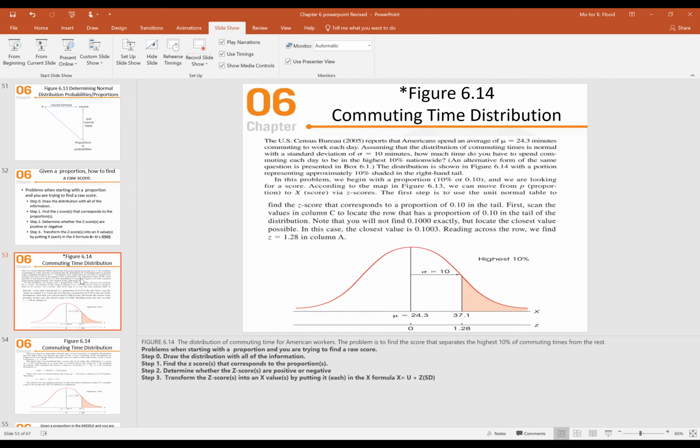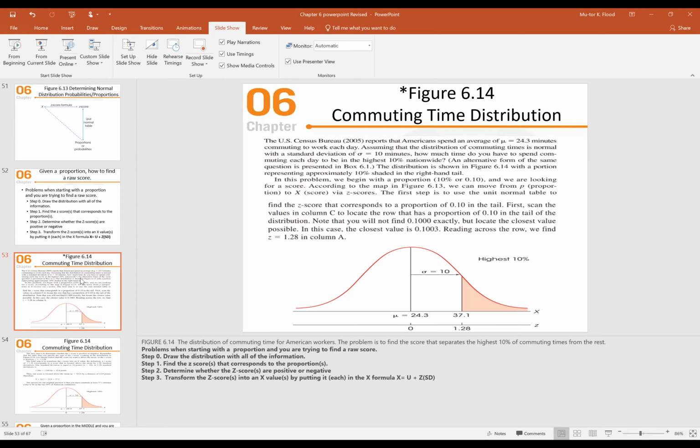How much time do you have to spend commuting each day to be in the highest 10% nationwide? The distribution is shown in figure 6.14 with a proportion representing approximately 10% shaded in the right-hand tail.